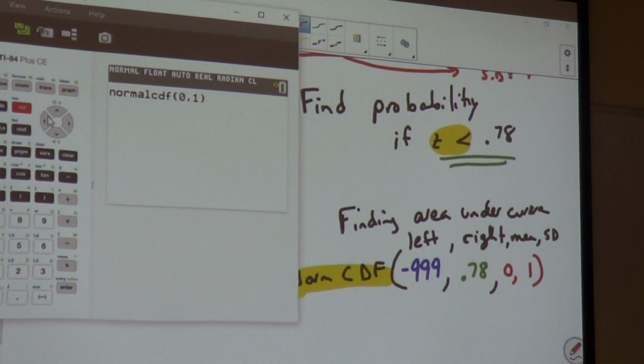When you get on your test, when you do second VARS normal distribution, this is what's going to come up. So you're going to do, my left is negative 999. They're not going to ask you for it. Comma, there's your comma. My right is 0.78, comma. My mean is 0, comma. My standard deviation is 1. So you're going to type it left to right in that order.